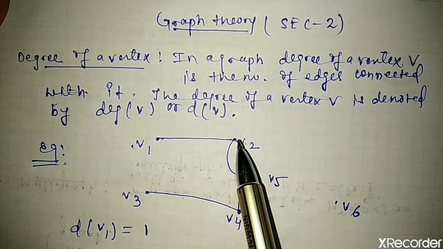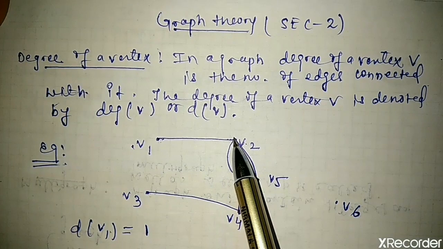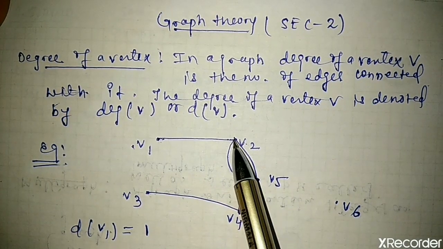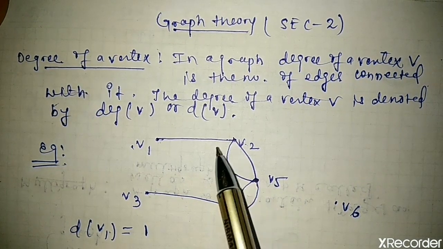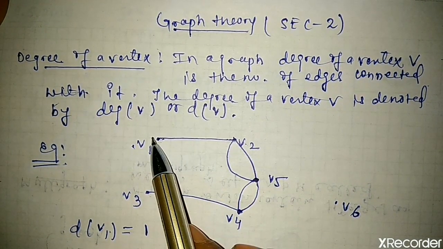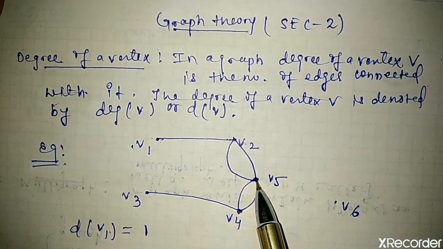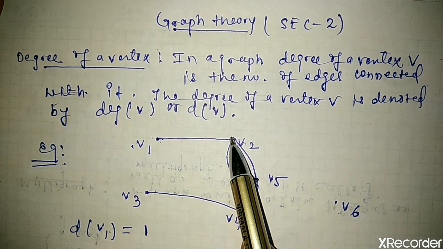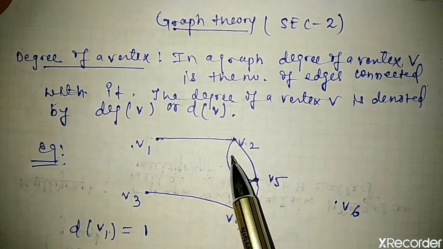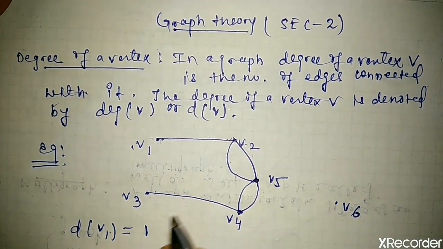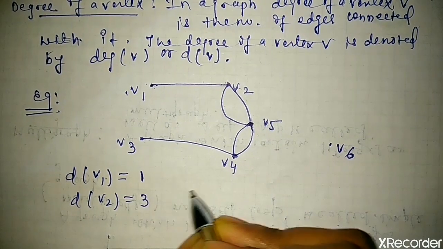Now from V2, we have 1 edge, 2 edges, and then 3 edges. But the total number of edges at V2 is 1, 2, 3. So the degree of V2 is 3.